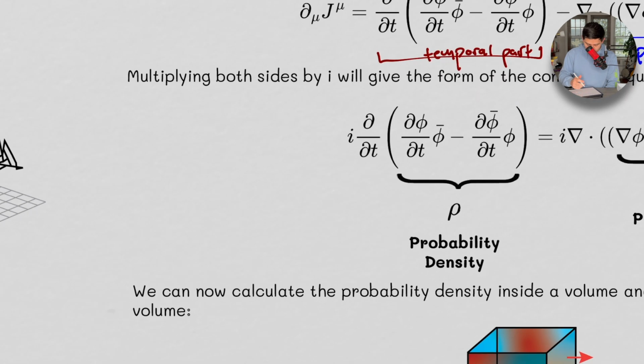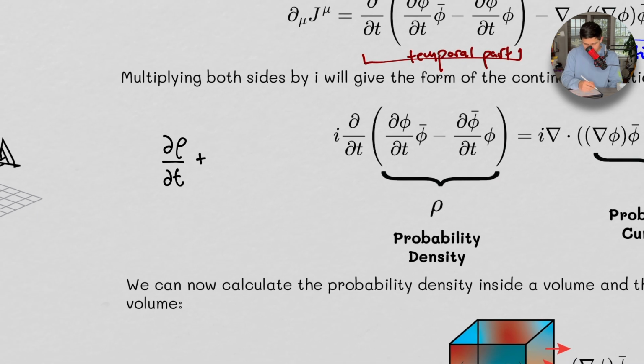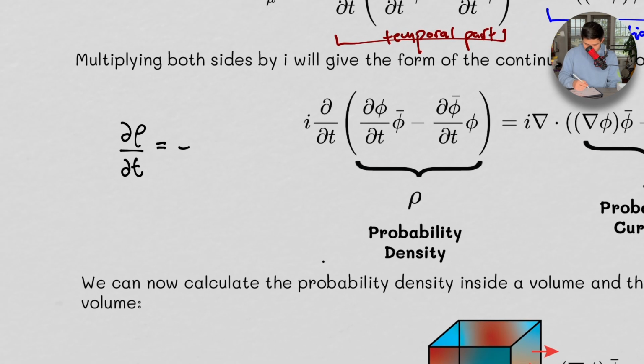If you don't recall it from classical mechanics, I'm saying recall as if we actually went over this, but we actually didn't. The continuity equation says the change in the density is equal to negative the change in the current.